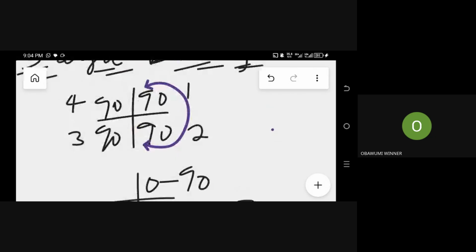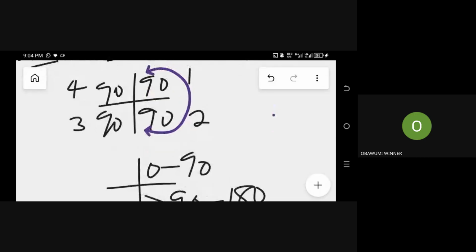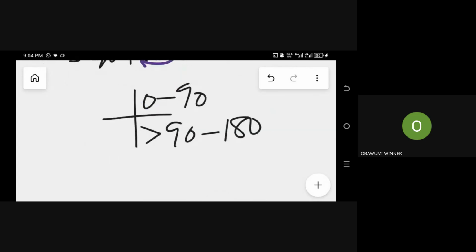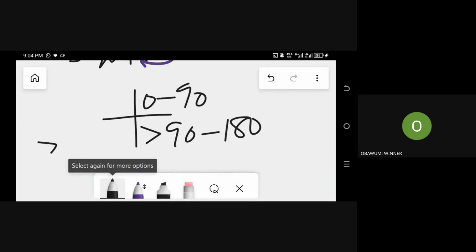Then if you proceed to the third quadrant, that's plus another 90. So in the third quadrant, you should have angles that are bigger than 180 to 270. That's 90 plus 90 plus 90, so the third quadrant is 270.